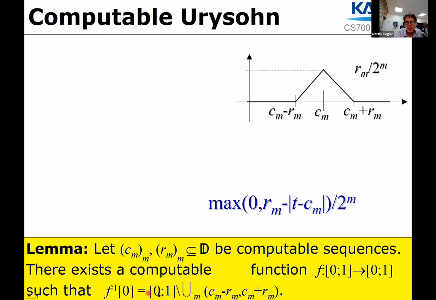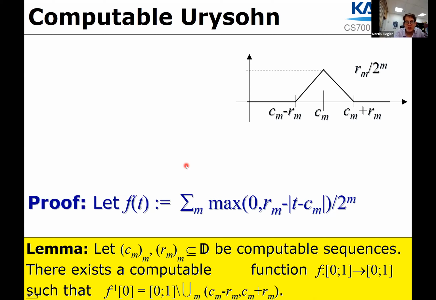This is a closed set, and this is also a closed set, and outside of that closed set the function is positive, and inside the closed set it is 0. So I like to call this a computable version of this Urysohn lemma in the, okay, admittedly restricted case of the topological space of the real unit interval. Good, and let's prove that.